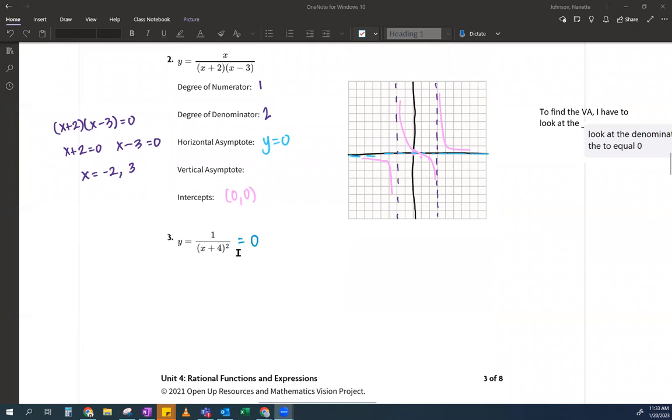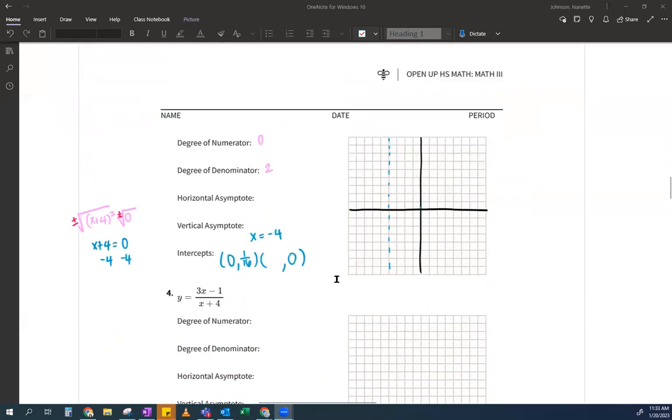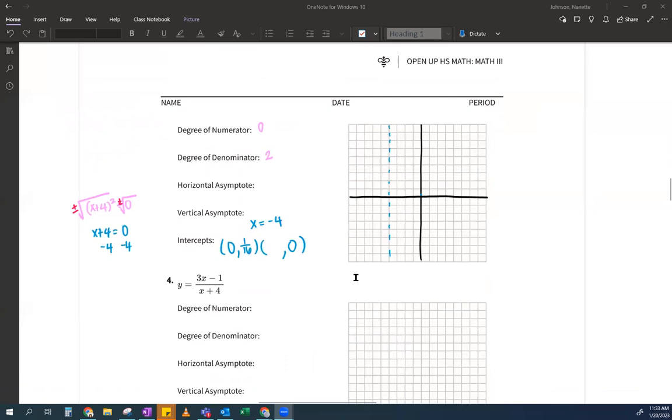Let me say this again. There's no number that would make this equal to 0. So therefore, I do not have an x-intercept, right?